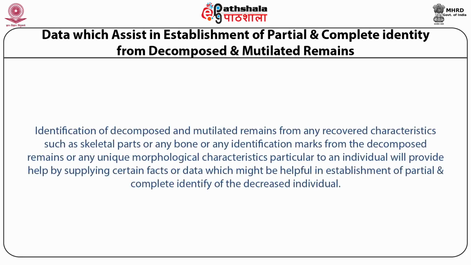The identification of decomposed and mutilated remains from any recovered characteristics, such as skeletal parts or any bone or any identification marks from the decomposed remains, or any unique morphological characteristics particular to an individual, will provide help by supplying certain facts or data which might be useful in establishment of partial and complete identity of the deceased individual.